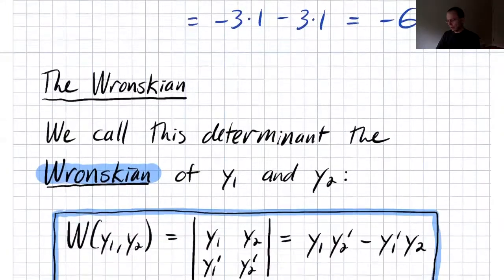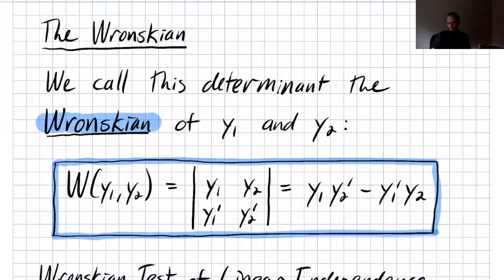So this is like a general idea. It's so important that it's actually, I guess this is somebody's name, so Wronskian. So this is a general technique known as computing the Wronskian for a set of functions, or in this case, it's just 2 functions.